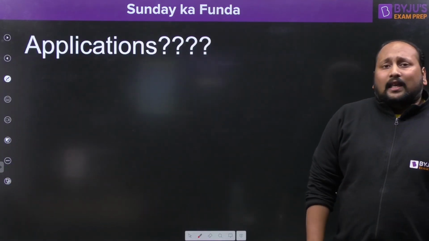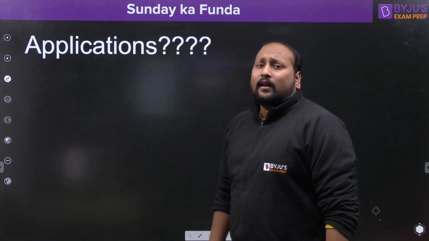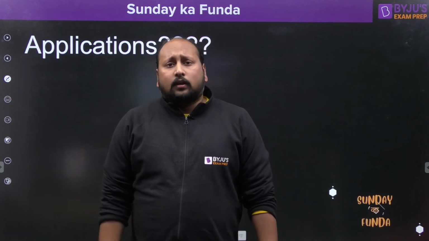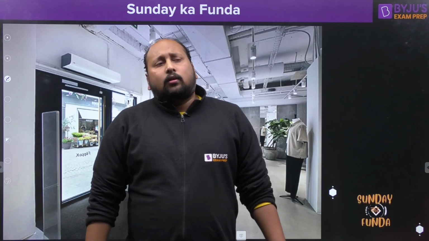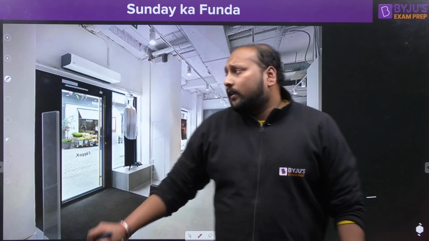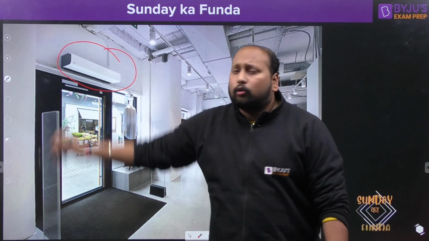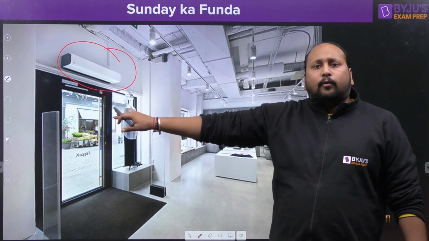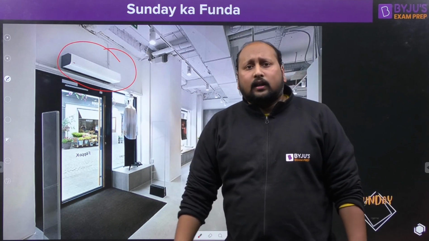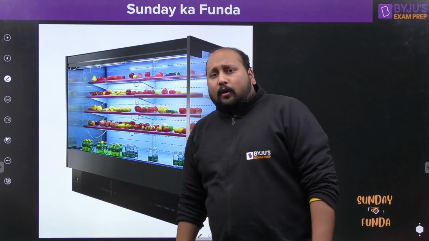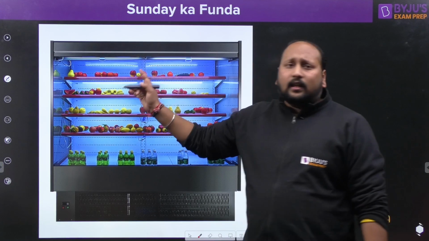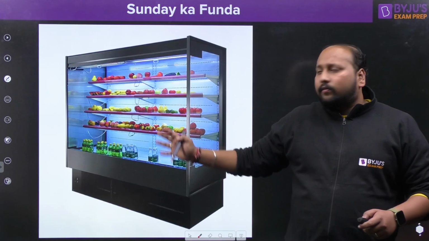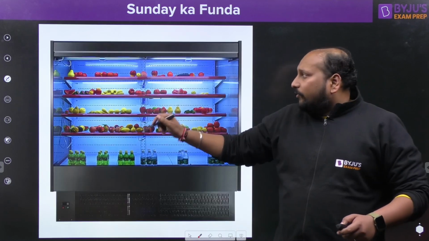Right? So are we using the air curtain only at the entry of malls or showrooms? Are we talking about its application only at the entrance of the showroom? No. We definitely use it at every entry point of the showroom or the mall. But in another application, you might have seen in malls a storage device where fruits are kept.